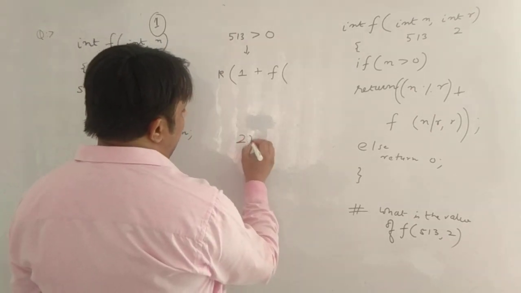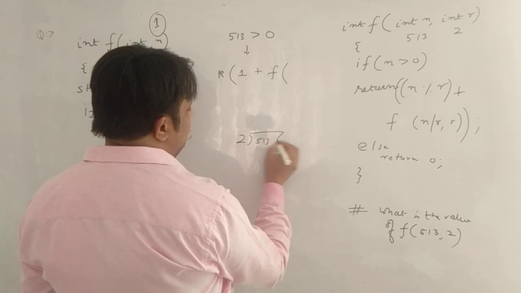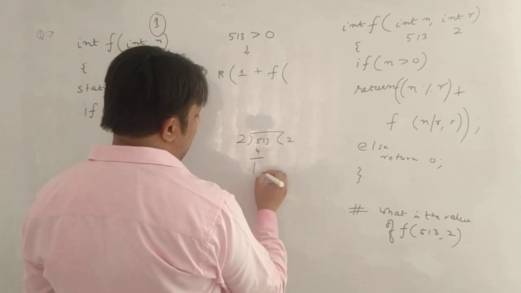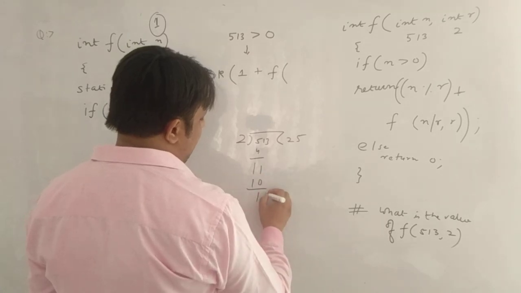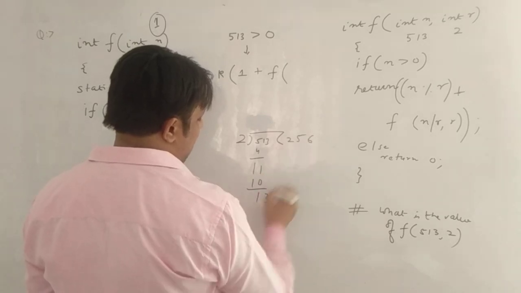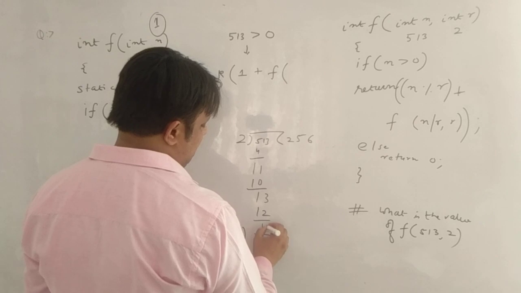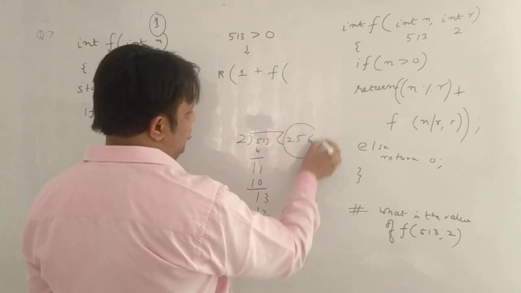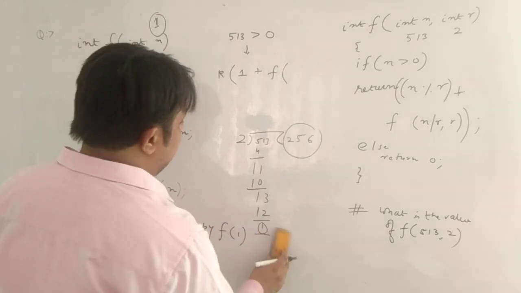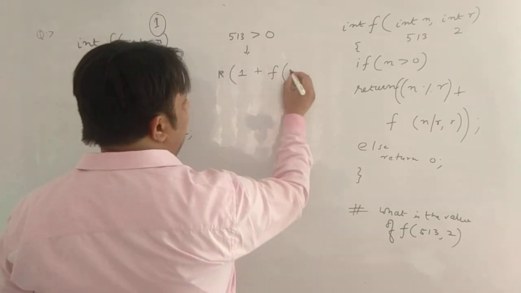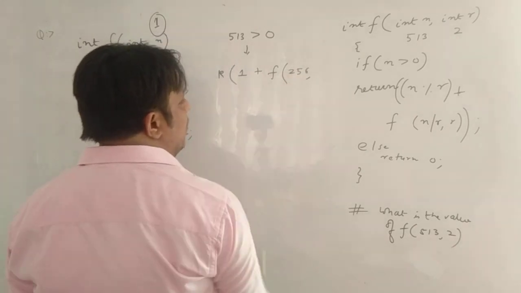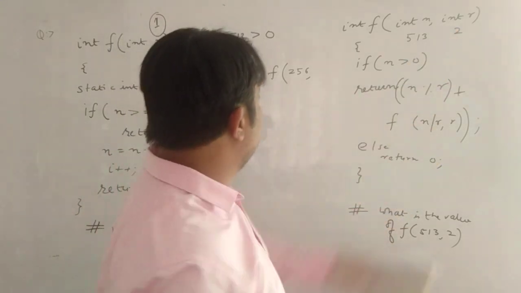See, you divide 513 by 2. 2 2s are 4, then 1, 2 5s are 10, then 1 and 3, 2 6s are 12. So the remainder is 1, and the quotient is 256. So it is 256, comma, what is the value of r? R is 2.